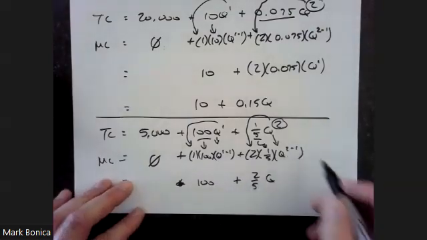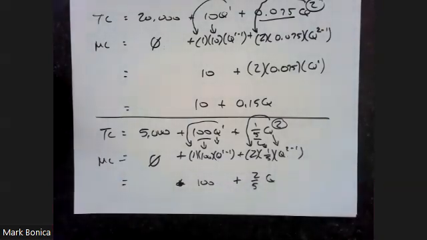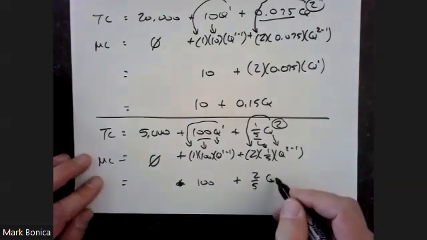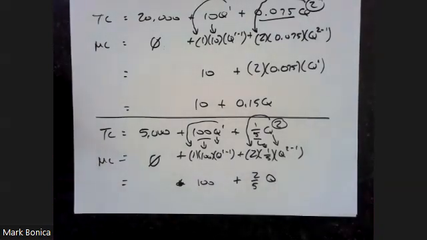Times Q to the 2 minus 1 is Q to the 1, which is just Q. So 5,000 plus 100Q plus 1/5 Q squared. The marginal cost is 100 plus 2/5 Q.